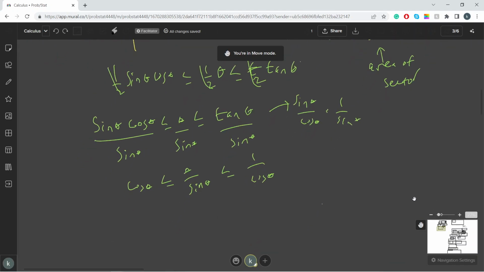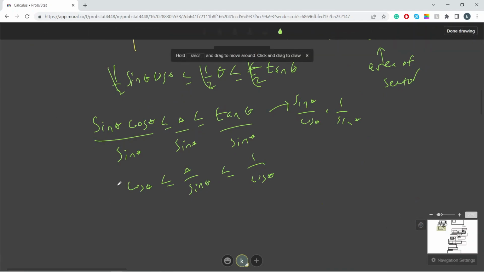All right, so what do we know here, right? We're still trying to take the limit as theta approaches 0, right? And we see here that theta over sine theta is bounded between cosine theta and 1 over cosine theta. This should be screaming squeeze theorem at you. So what do we see here? We know that the limit as theta approaches 0 of cosine theta is going to be 1.